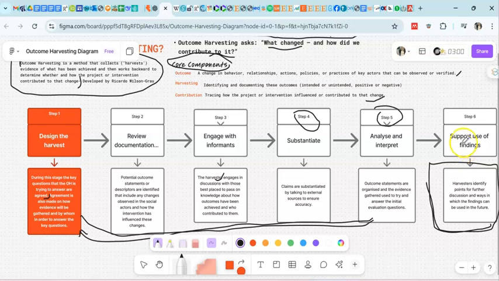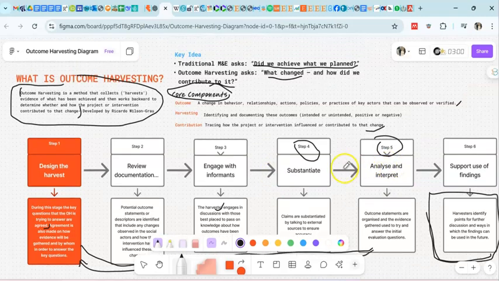Ideally, we should utilize the findings of outcome harvesting or any evaluation in the future, and if they can be referenced in future designs or interventions, that's always helpful and the best way. So the sixth stage ensures how those findings can be used for future reference.